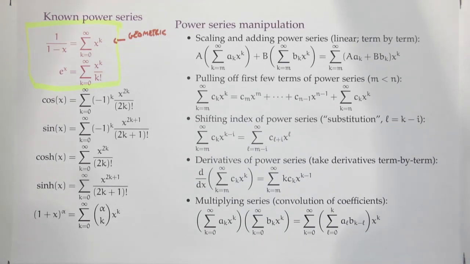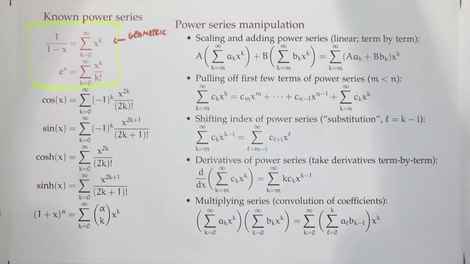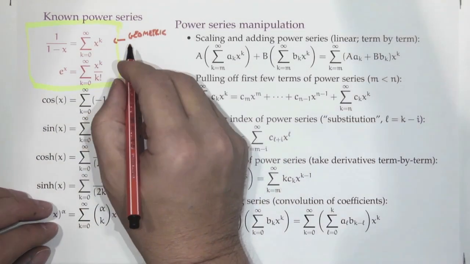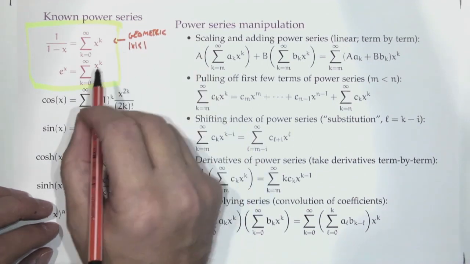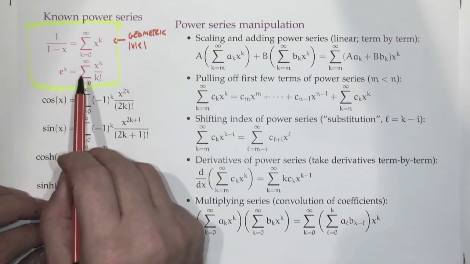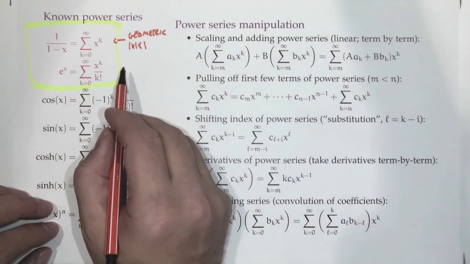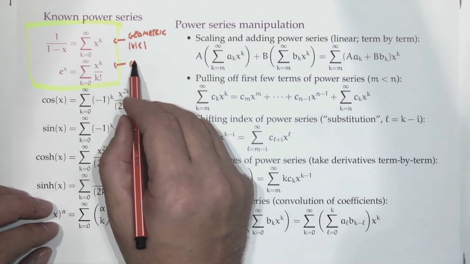All right. So, walk down memory lane. When does a geometric series converge? Do you remember that part? Yeah. This converges as long as what you're adding up is small. Now this other function, this exponential function, e to the x, the sum from 0 to infinity of x to the k over k factorial, when does this converge? Do you remember that one?